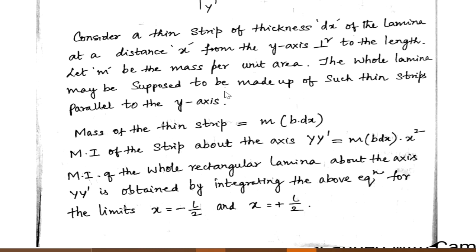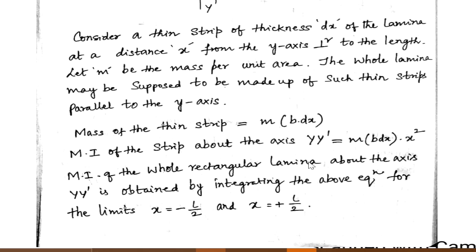The whole lamina may be supposed to be made up of such thin strips parallel to the y-axis. Mass of the thin strip is m into b into dx. Therefore, the moment of inertia of the strip about the axis YY dash is mass into x square, that is m into b dx into x square.